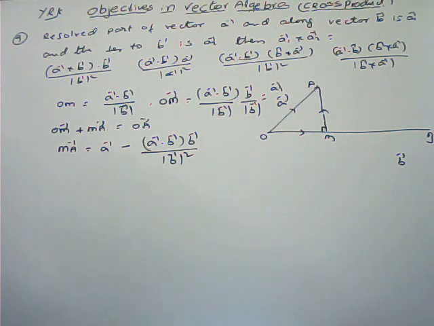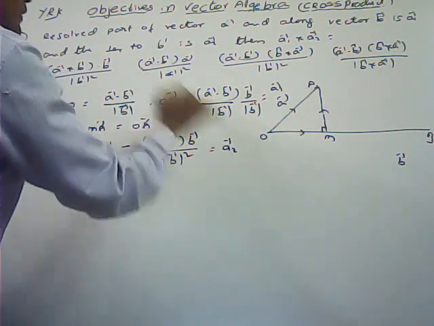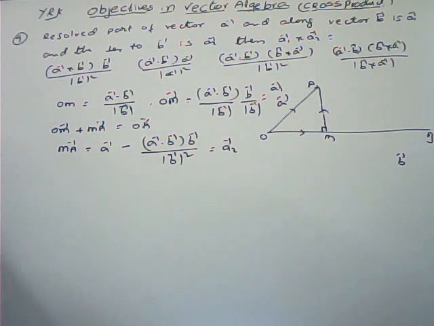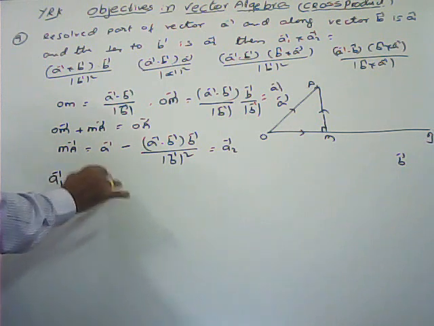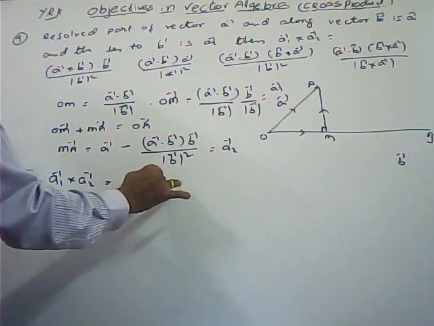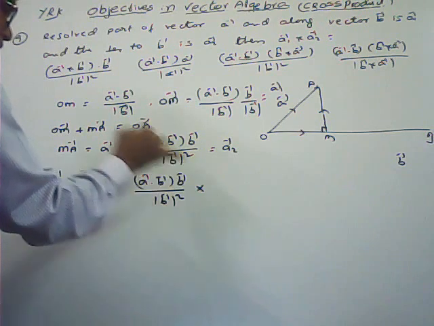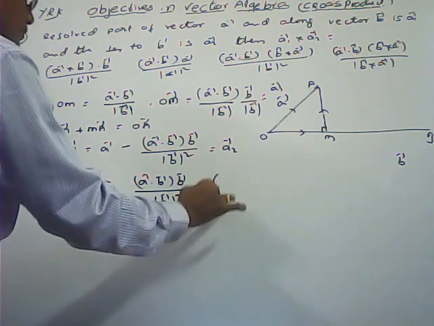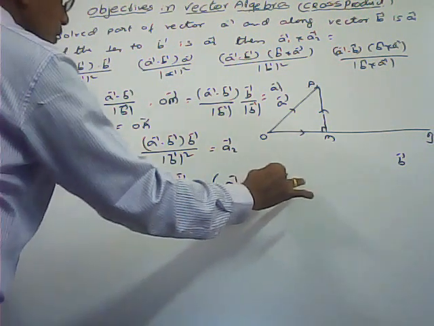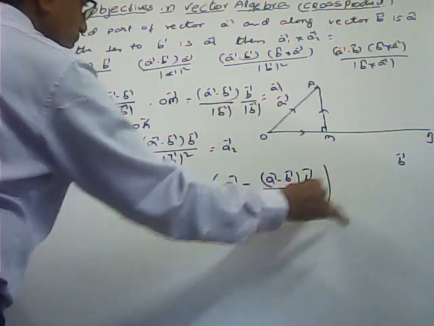This is A2 bar. Now what they are asking is A1 bar cross A2 bar. A1 bar is A bar dot B bar into B bar by modulus of B bar square, cross A2 bar, which is A bar minus A bar dot B bar into B bar by modulus of B bar square.